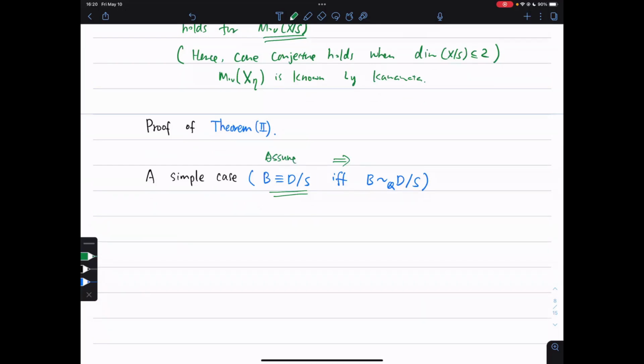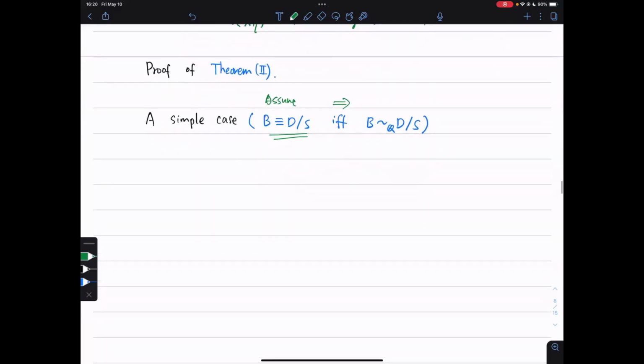The inverse direction certainly holds. If they are linearly equivalent, then they are numerically equivalent. But numerical equivalence generally does not imply linear equivalence. But for the moment, we're assuming this simple case and proving it. This is not very difficult, and is pretty much the same as the previous case.